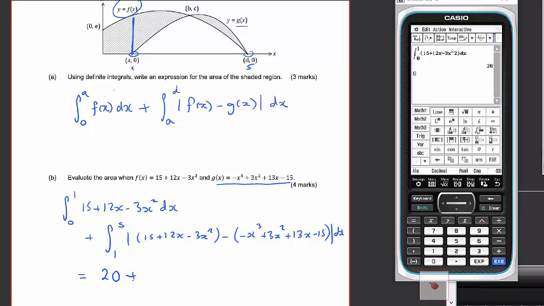And then we're going to want the other integral. So that integral we know is going to go from 1 to 5. And we're going to need a modulus in here. And so the first thing in there is going to be this function that we already have.